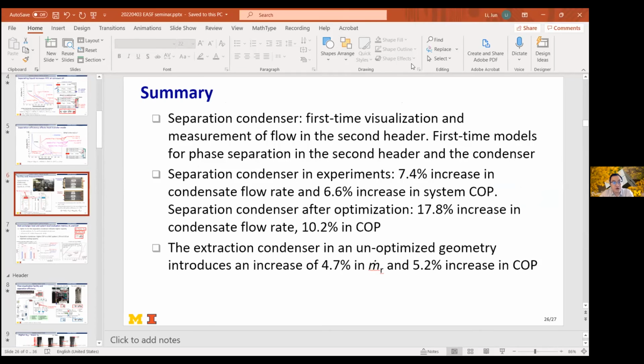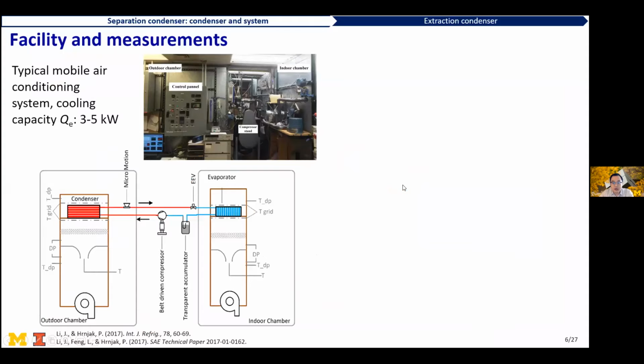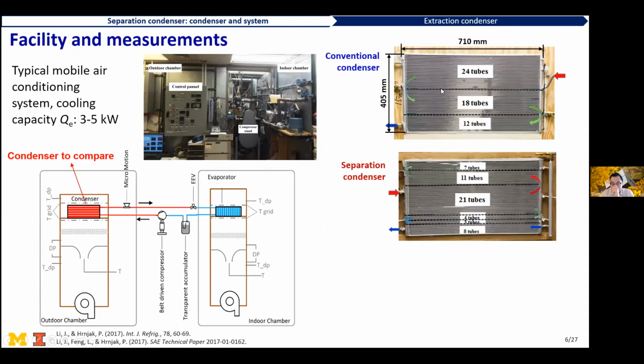Okay, sure. For the condenser size, for your first question, this slide shows our condenser size. This is on the order of magnitude of 10 centimeters. The width of the condenser is 70 centimeters, and the height is about 40 centimeters. These are the real size of an automotive macrochannel condenser. You can actually find this behind the wind grill in your car.